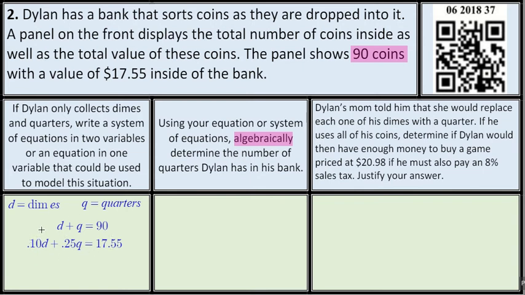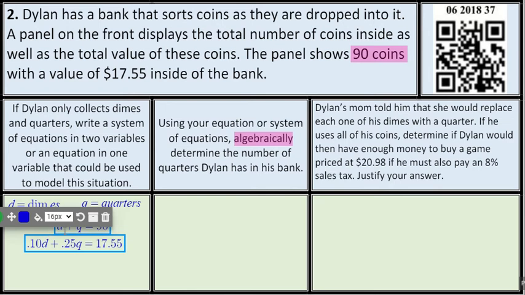So I want to get rid of one of these values, either the dimes or the quarters, because you can really only solve for one variable at a time. So it doesn't matter which one I choose. For me, I see this 0.10 in front of D, so I want to make the D go away.